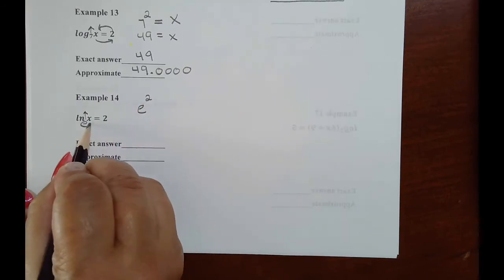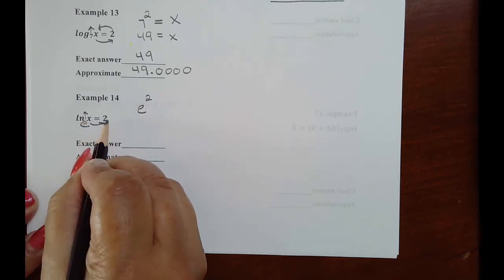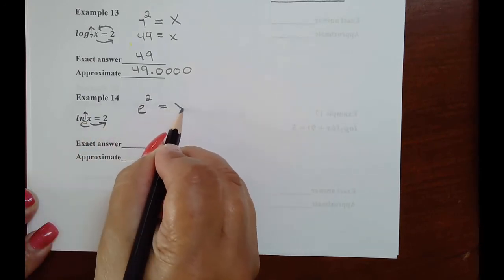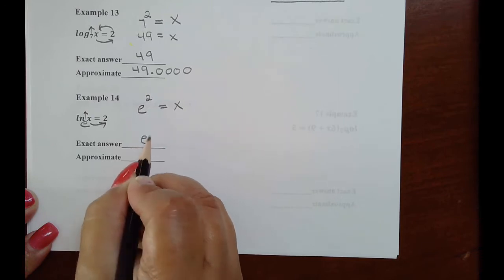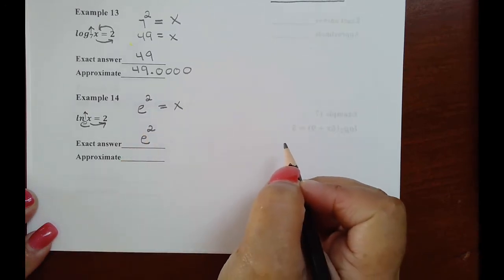It will become the exponent, and this argument of the log jumps to the other side and takes its place. So this would be the exact answer, whereas this would be the approximation.